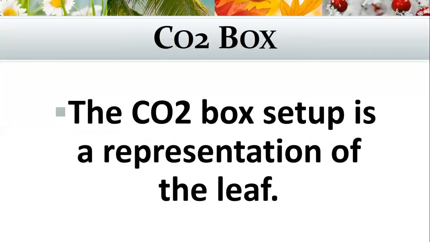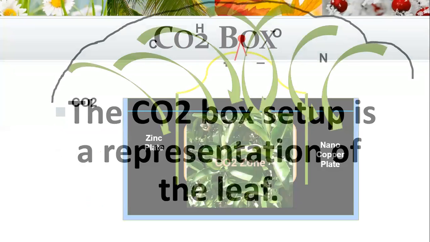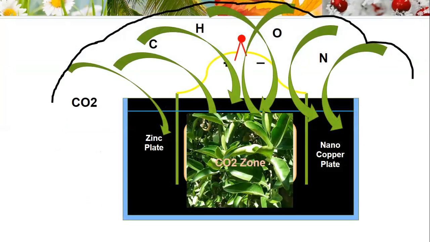And then we showed the CO2 box setup that we use to create our CO2 GANS is a representation of the leaf and how the leaf creates the CO2. So there you've got our CO2 setup with the two plates, and essentially we're creating the field to attract the carbon initially.